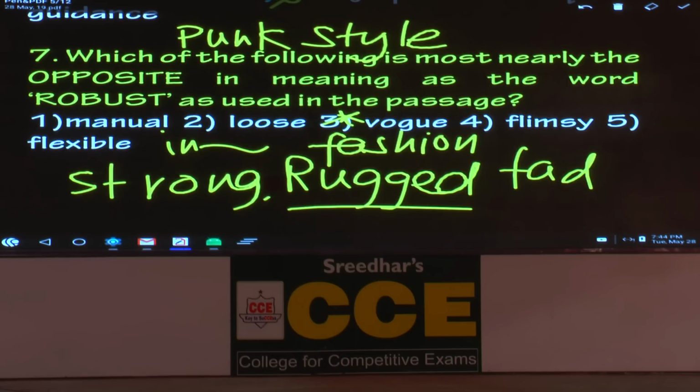P-U-N-K, punk style. In the Western countries, especially in the US and in the UK, punk culture, punk style, very popular. So what is this punk style? The hair standing up and looking at the sky. Second, a lot of chains, all blades, metal stuff. Then earrings and the tongue pierced and you see a metal thing.